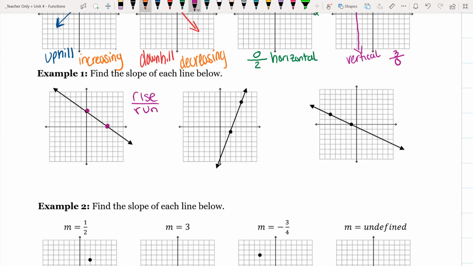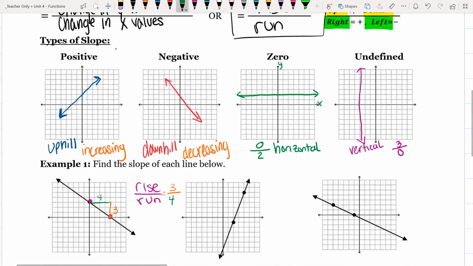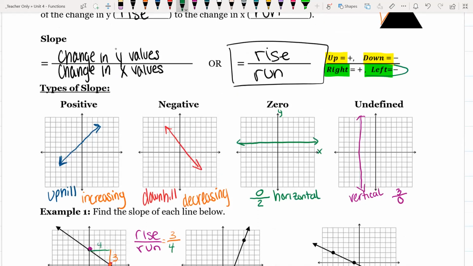So what that means is we're going to rise from this lower point up, and count how many boxes you went up. We went up 1, 2, 3. So I'll put a 3 here. Our rise was 3. And our run now is how far we go to the left. And we went 1, 2, 3, 4. So we ran 4. However, if it's to the left, it's negative, right?